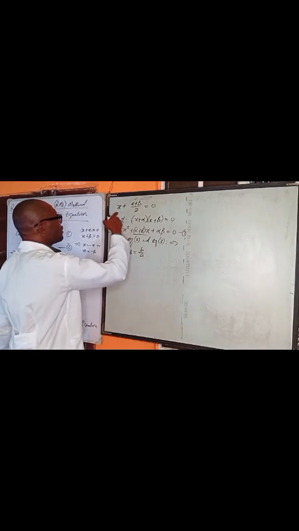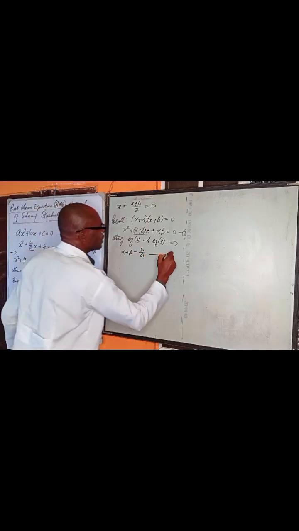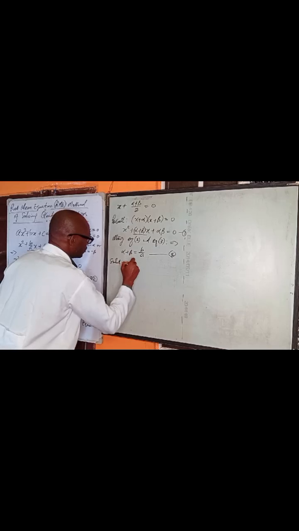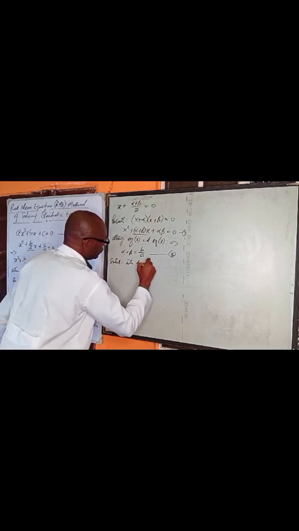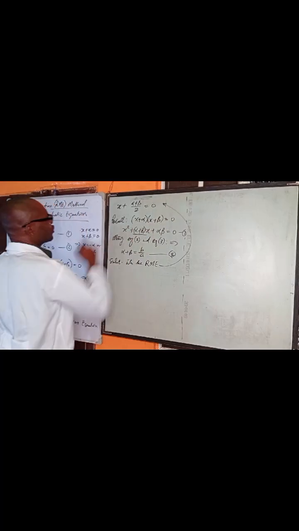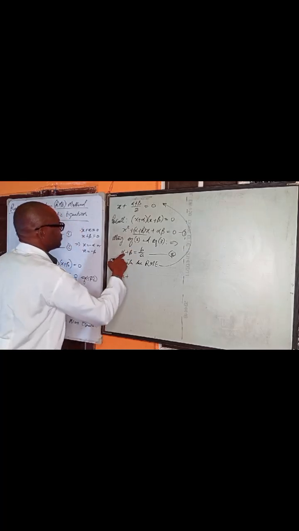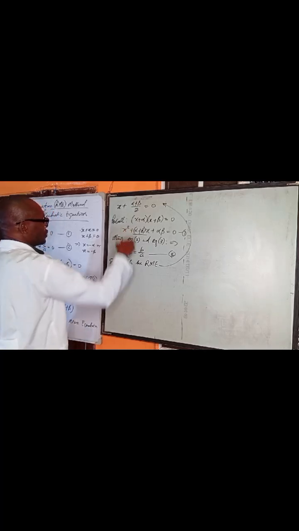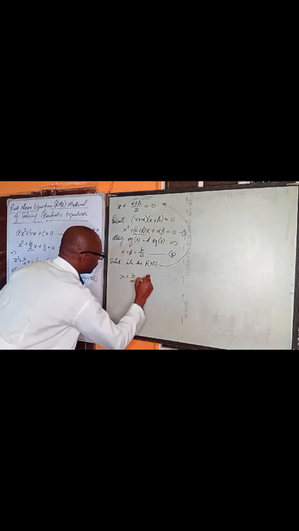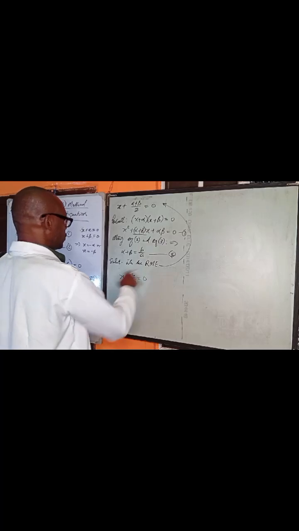So you can call this 4. Substitute it into the root mean equation. By root mean equation, we mean this equation. If I substitute here, I will have x plus b over 2a is equal to 0. This is another form of the root mean equation.